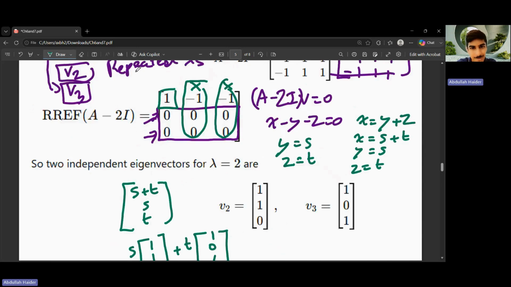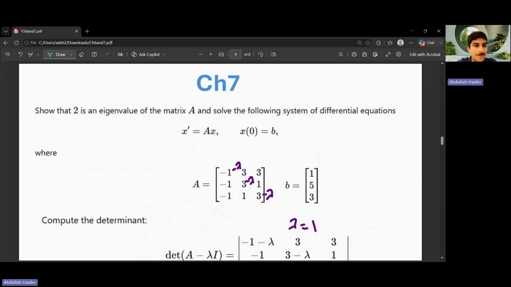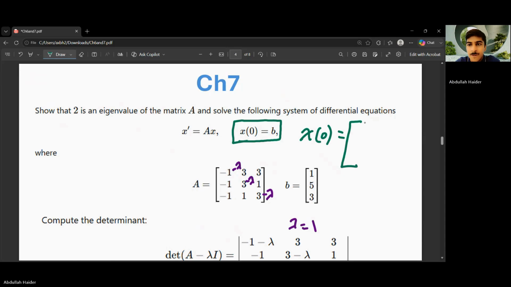So till now, for the chapter 7 part, this is all you have to do. Show that 2 is an eigenvalue of the matrix A and solve the following system of equations. Here it did not ask you to check diagonalizable. You did not have to show A P equals P D. A chapter 7 question looks like this when they give you an initial condition, which is x of 0 equals b, meaning x0 is this vector (1, 5, 3).